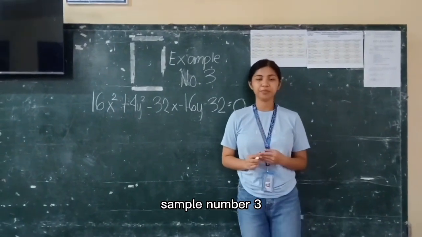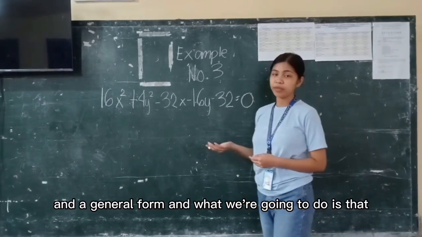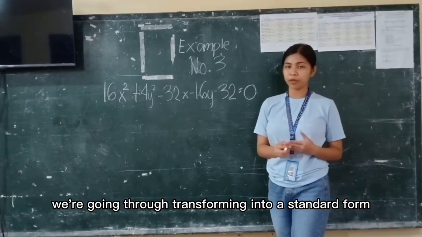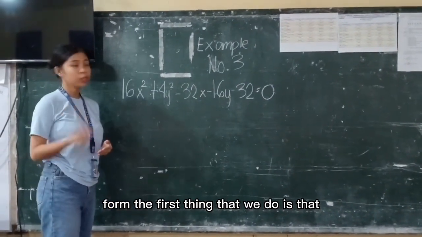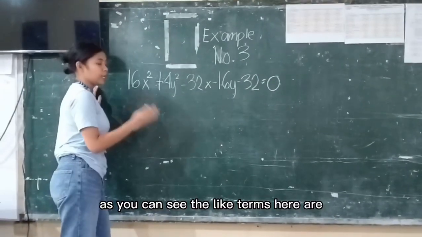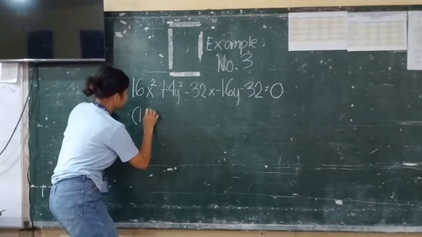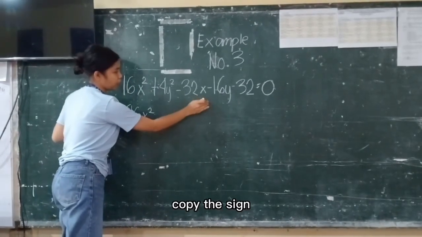Example number 3. We have this equation of ellipse in a general form. And what we're going to do is transform it into a standard form. To transform it into a standard form, the first thing that we do is combine the like terms. As you can see, the like terms here are 16x squared and 32x.